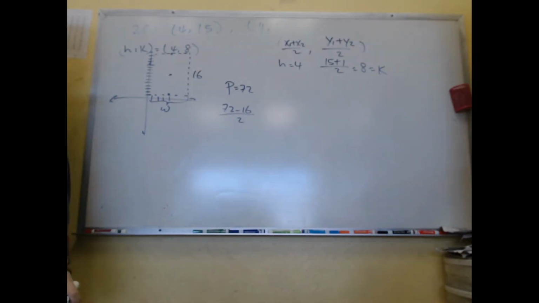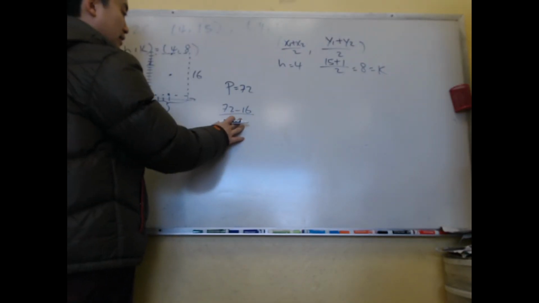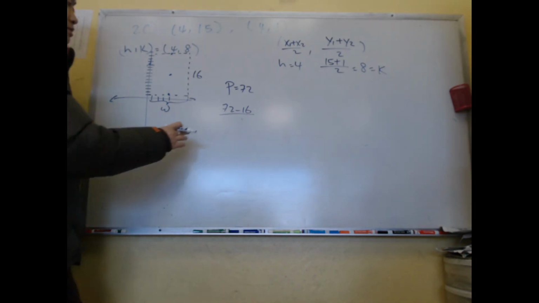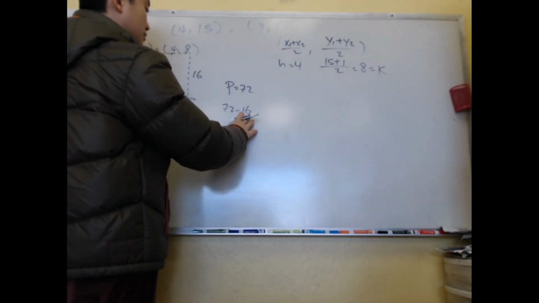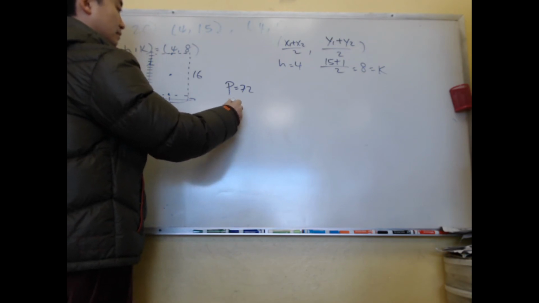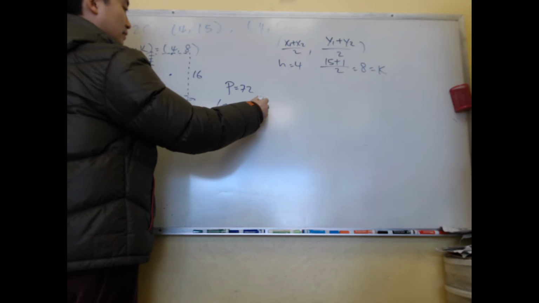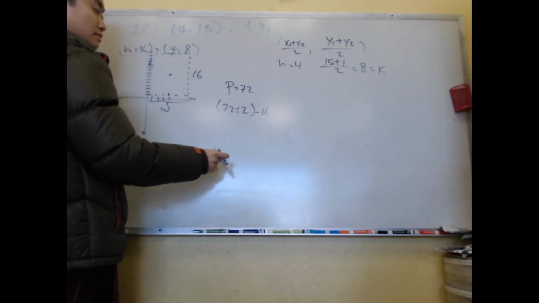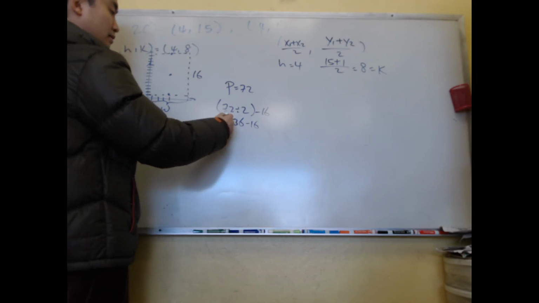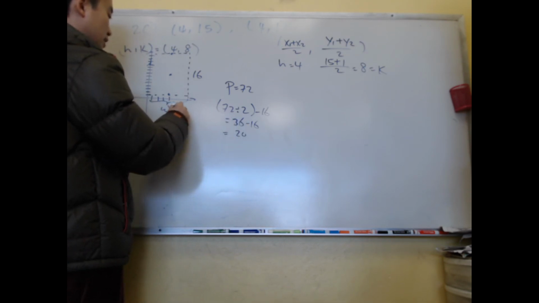Once you divide it by 2, that means we want to find the other component. So the width is what, 20?